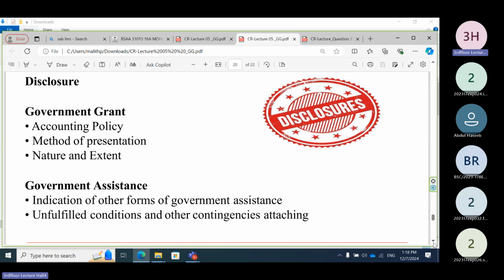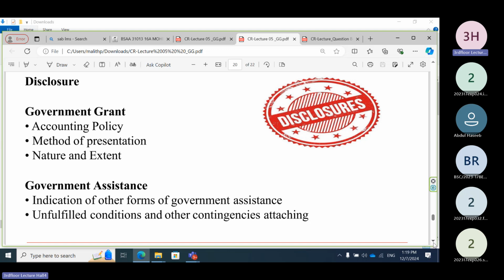You need to mention your clear accounting policy, method of presentation, nature and extent, nature of the grant, conditions, and the method of presentation. Your recognition method, pattern, in line with the asset depreciation method, percentage of completion of the contract. You have to mention the recognition method, accounting policy, capital method, or the income method. You need to mention that in the books.